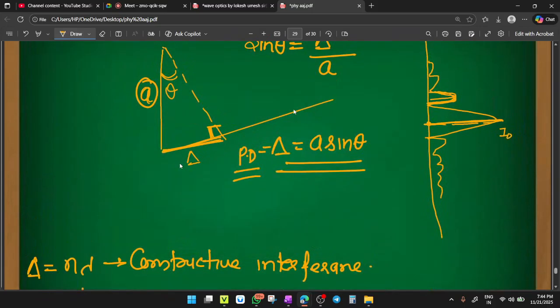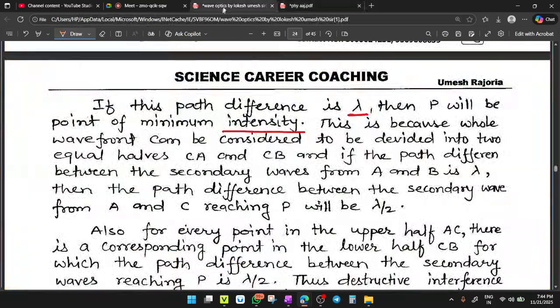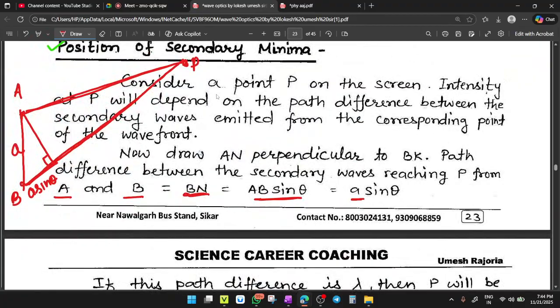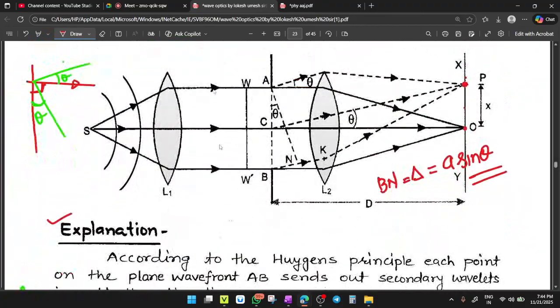Why? Because out of all the wavelets here, if the total path difference is equal to lambda, the wavelets will suffer a path difference of lambda by 2.